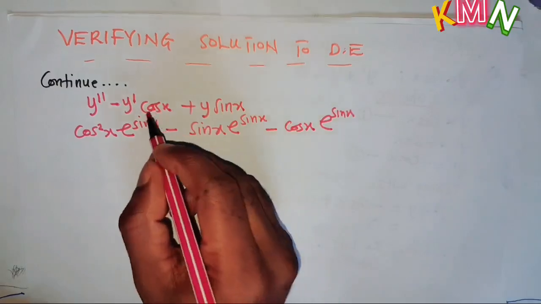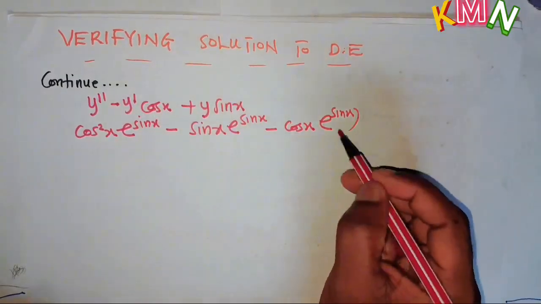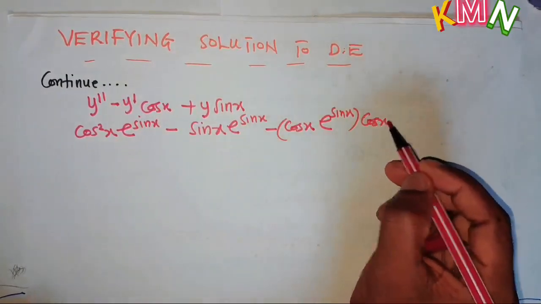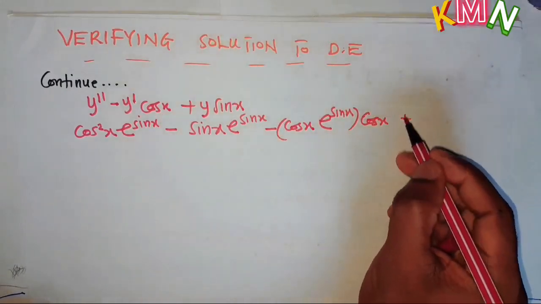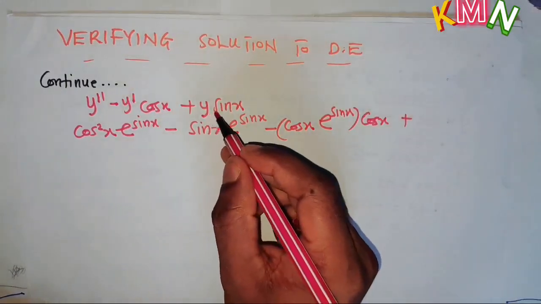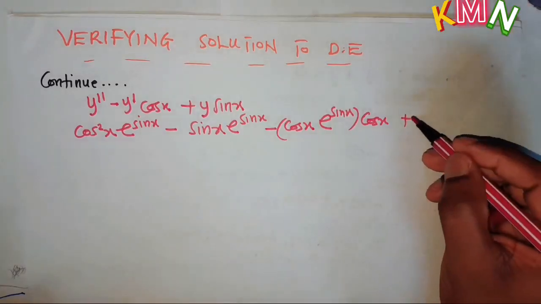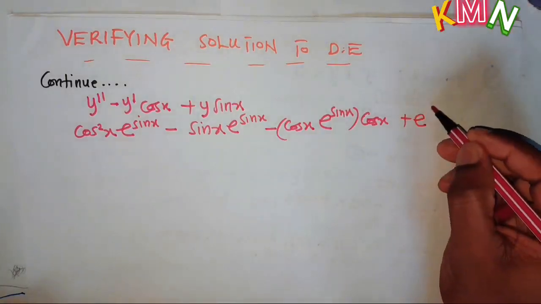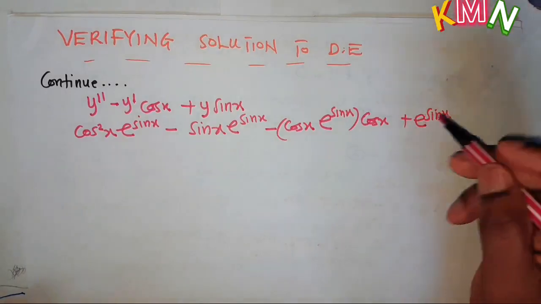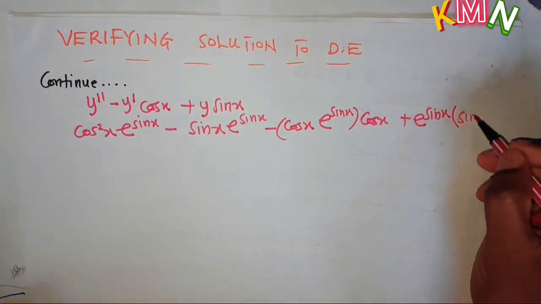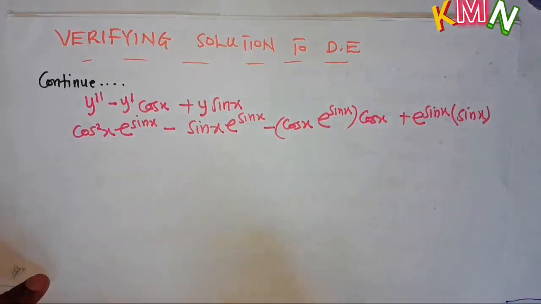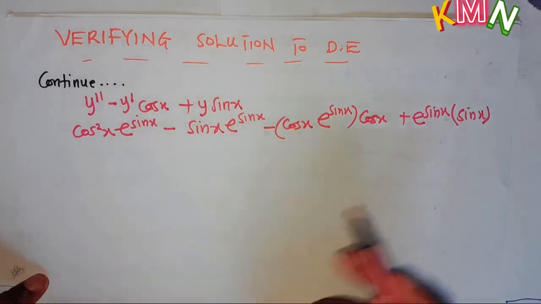Then we have the y prime times cosine x, this cosine x. Then plus our y. Our y was given as e power sine x. Then that multiplies sine x. So now let's simplify.